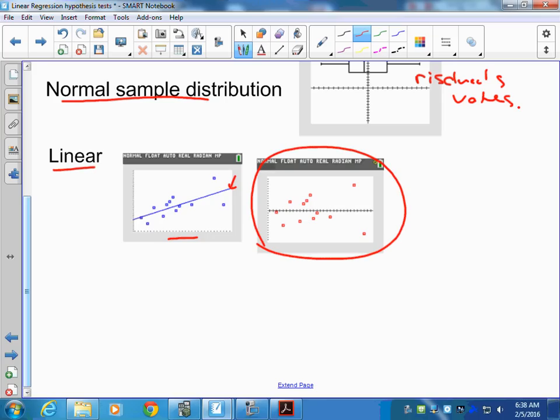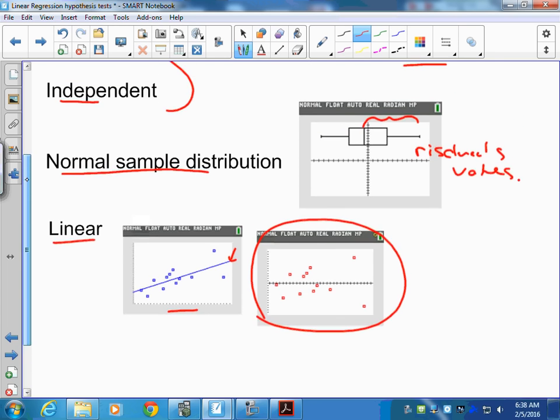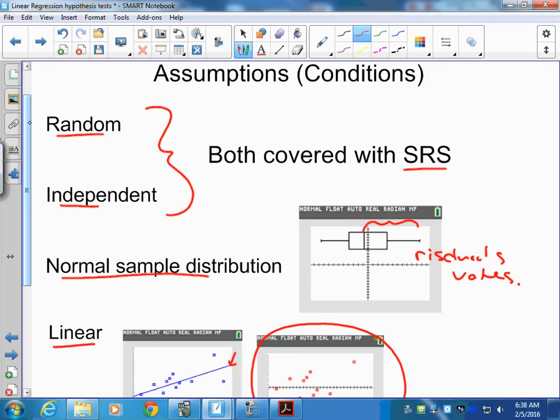Remember, the residual plot is the number one way you can prove if a linear regression model is the proper model instead of a nonlinear model. So those are our four assumptions for doing confidence intervals or hypothesis tests with linear regression data.